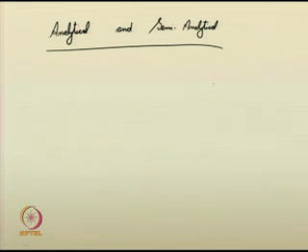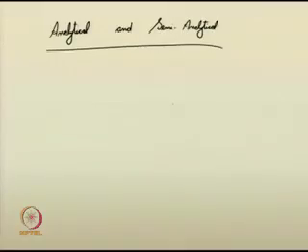The analytical methods were developed quite early, in the later part of the 19th century and the earlier part of the 20th century, when mathematicians developed analytical forms for these equations. We will just briefly go through them. I am not going to discuss elaborately on those things.